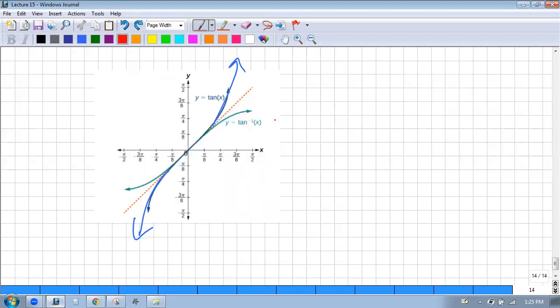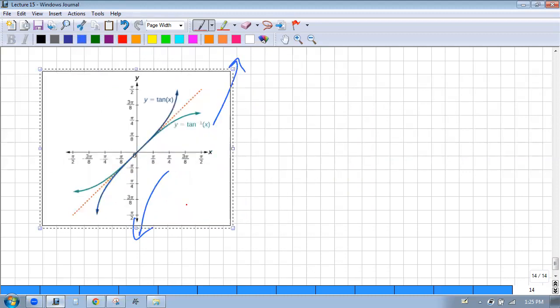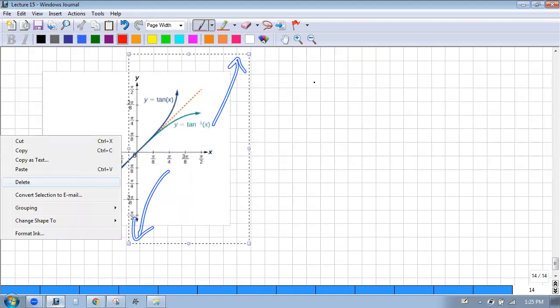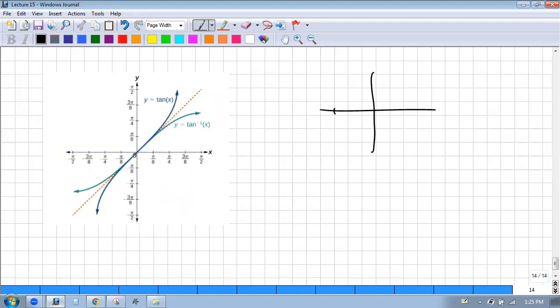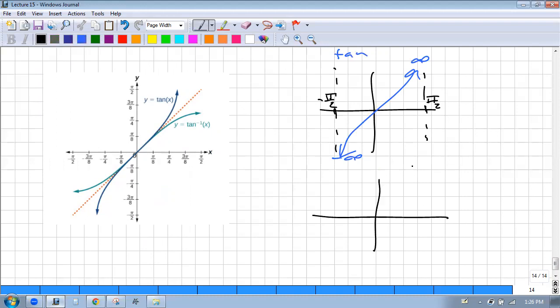Let's try drawing them separately, just so you get, it's nice to see things separately. Minus pi over 2, pi over 2. We have these asymptotes. Tangent goes wah, right? Okay, it goes all the way up to infinity and down to minus infinity. There's your tangent, the restricted tangent. So tangent inverse, okay, the domain was minus pi over 2, pi over 2.